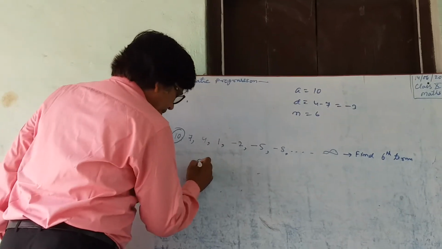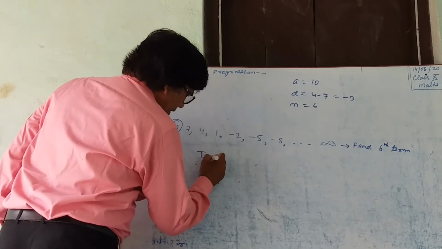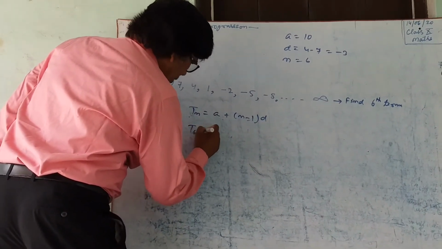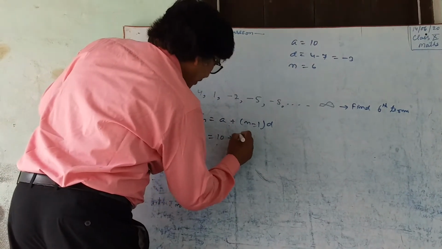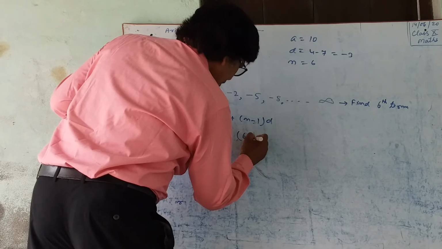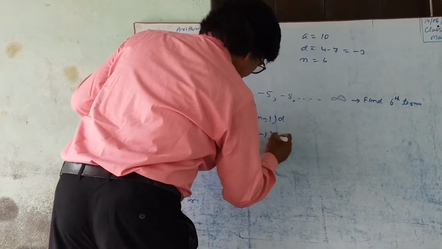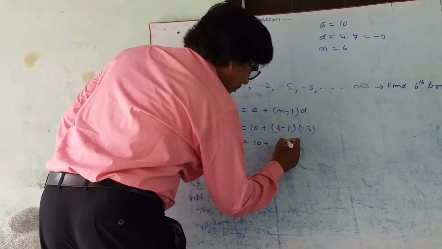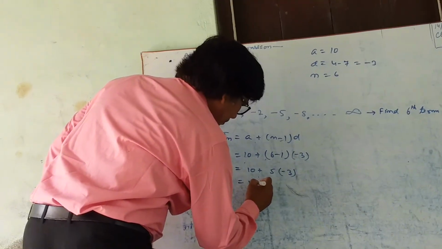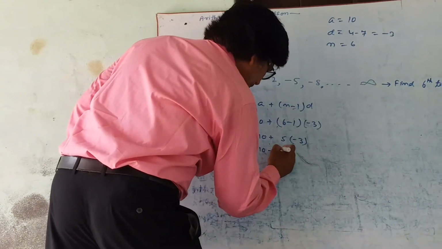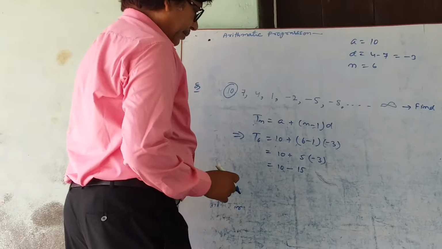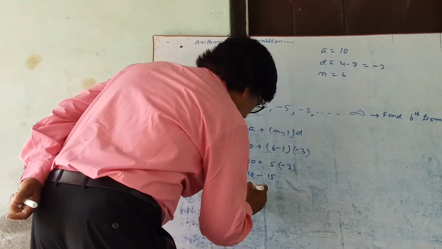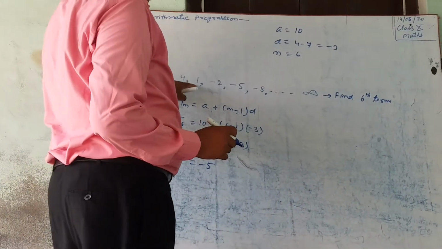Now Tn equal to A plus n minus 1 into D, or T6 is equal to 10 plus 6 minus 1 into D, minus 3, equal to 10 plus 5 into minus 3, 10 minus 15, which is minus 5. 1, 2, 3, 4.